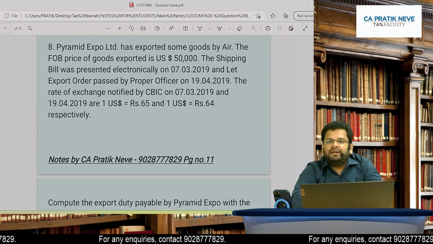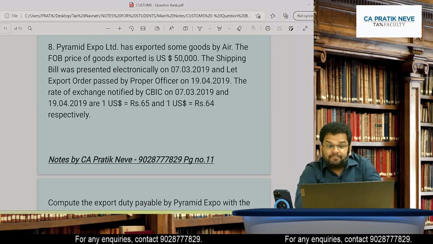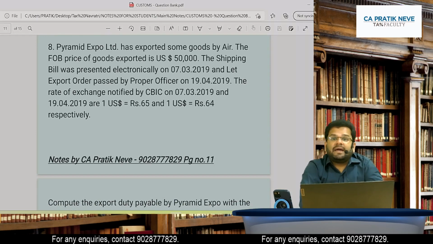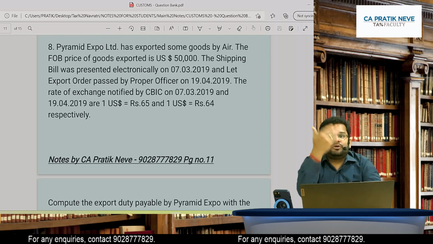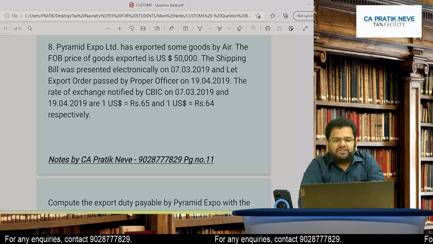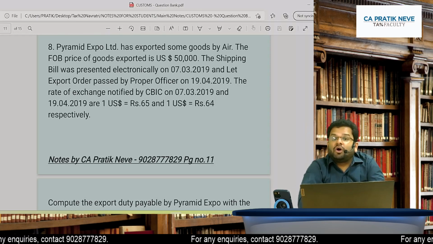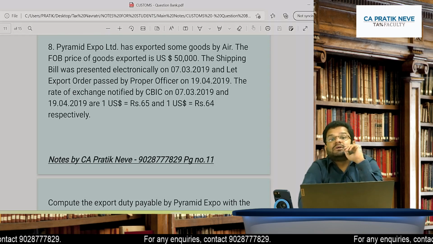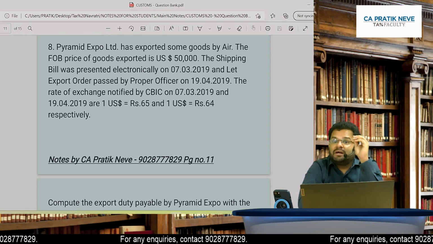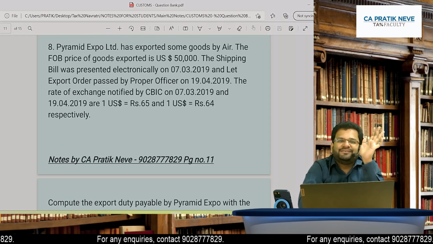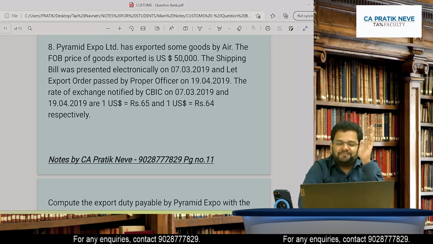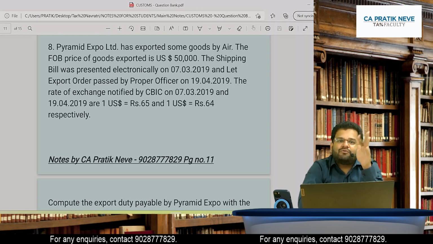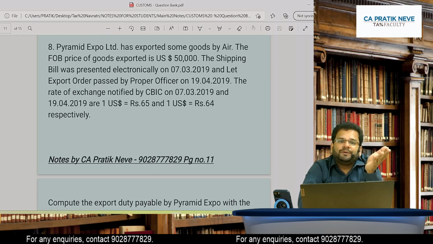Pyramid Expo Limited has exported some goods by air. FOB price of the goods exported is $50,000. So directly in exports, this FOB price becomes the assessable value. But the only thing is, Ketki, it is in dollars. We have to convert it into rupees.